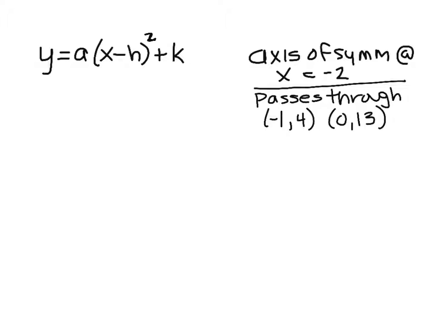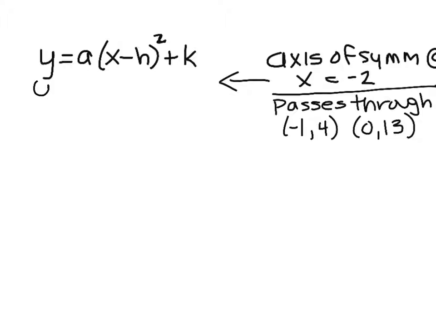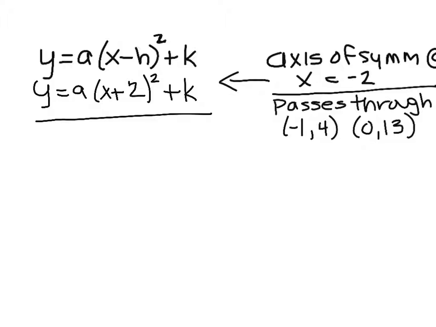So we're going to use that to our advantage and plug in the h. y equals a times x minus 2, actually, let me change that to plus 2, because that's a negative 2 over there, squared, plus k.